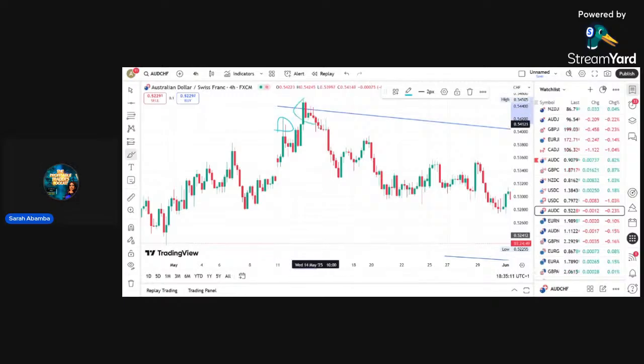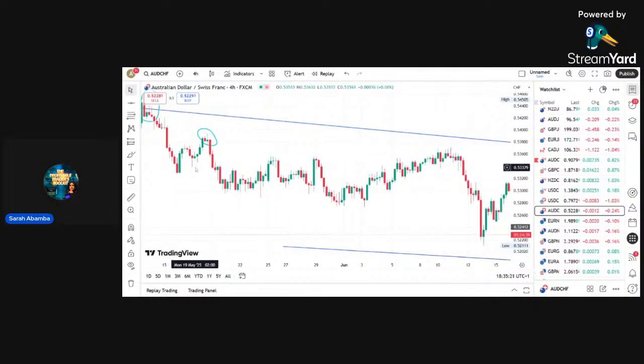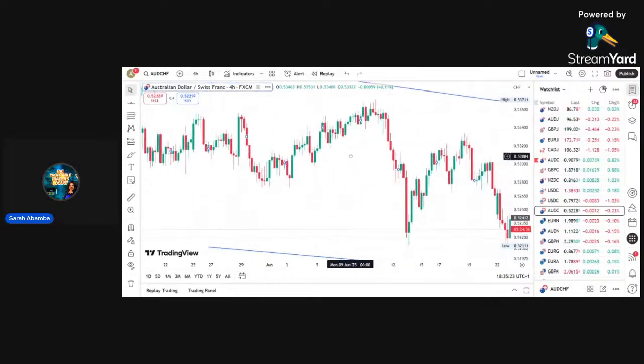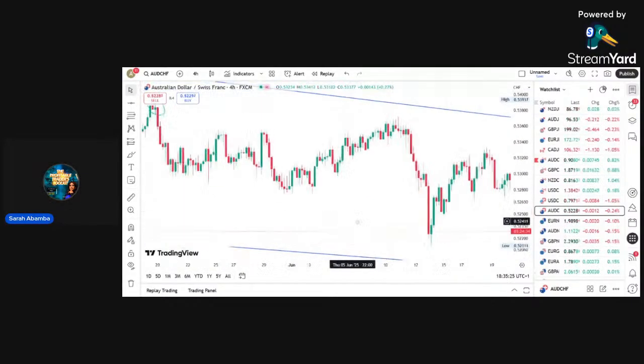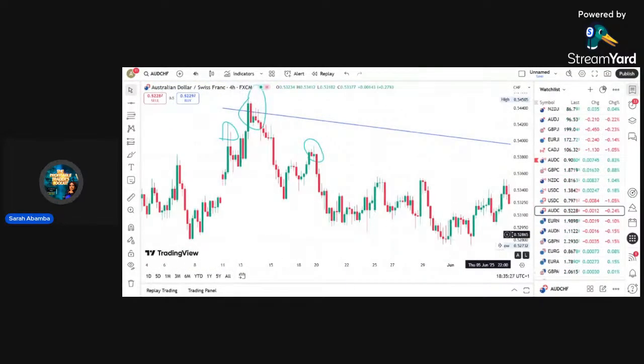Though this is far apart, it's still the same thing. Then we have the last shoulder here, and the market came running down, did a pullback and came down again. So you see how easy it is if you can train your eyes. One thing is to train your eyes to master the pair.